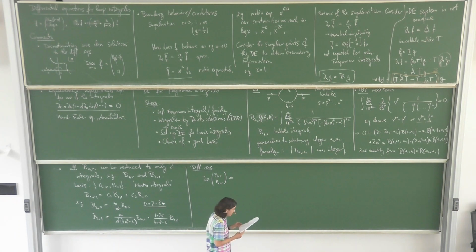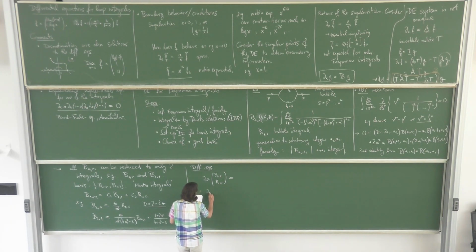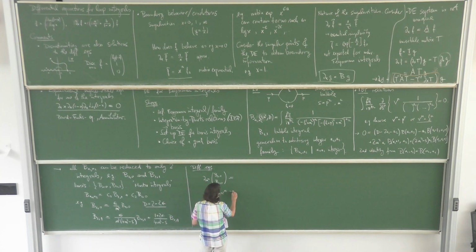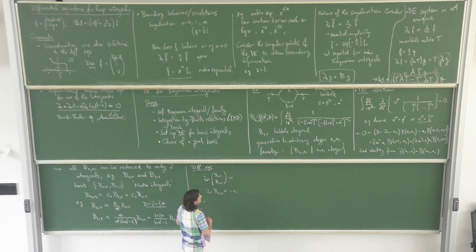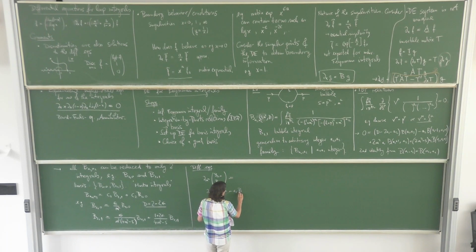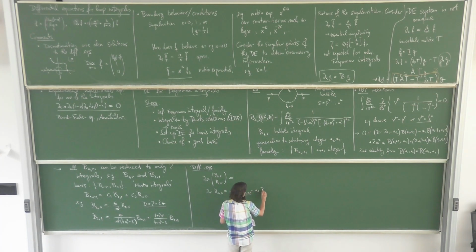It's just a case of using the chain rule. So nothing complicated. We have that the derivative with respect to m squared of b a1 a2 is equal to one term where the derivative hits the first propagator and increases the power by 1, and another term where it hits the second propagator. So really very simple.